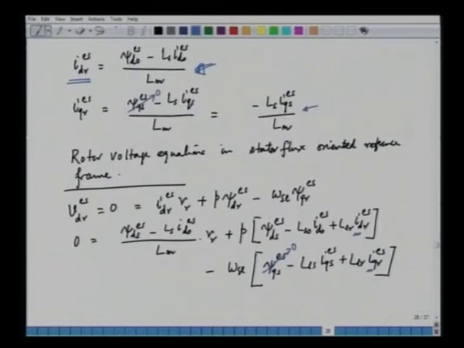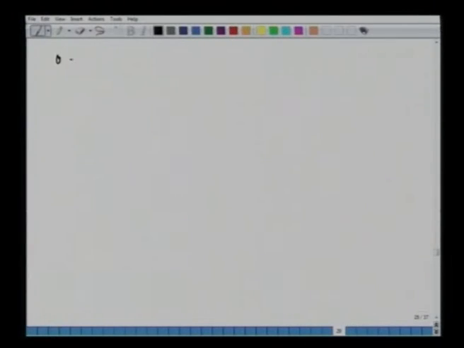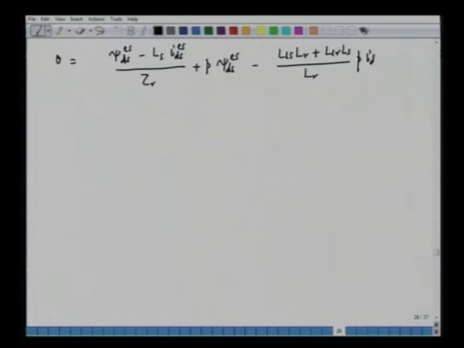So we substitute for IDR and IQR and further simplify, and we get the following expression: 0 equal to psi ds ES minus LS IDS ES by tau r plus P psi ds ES minus LLS LR plus LLR LS by LR into P IDS ES plus LLR by LR P psi ds ES, minus omega SL into psi QS, which vanishes.